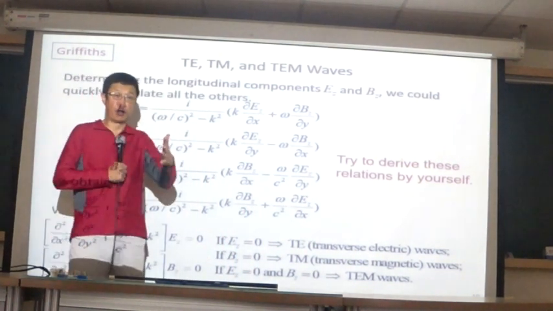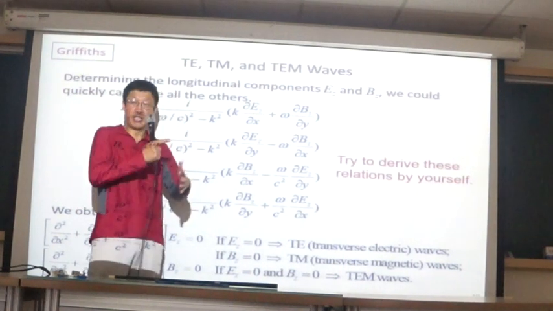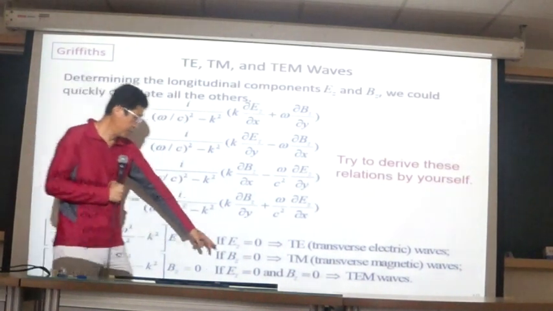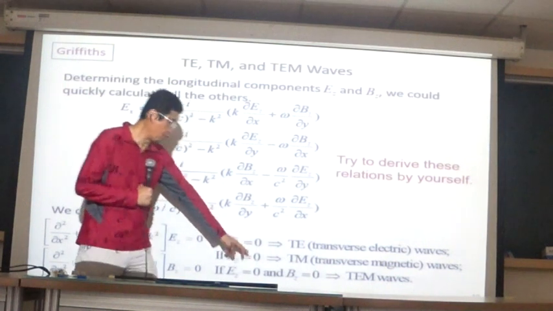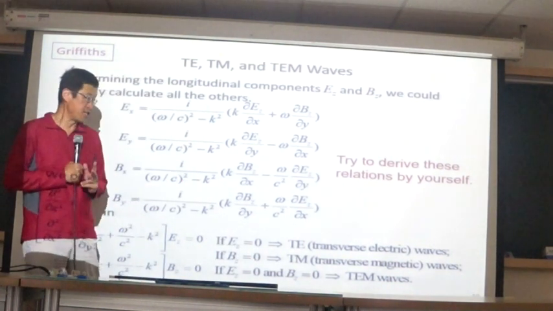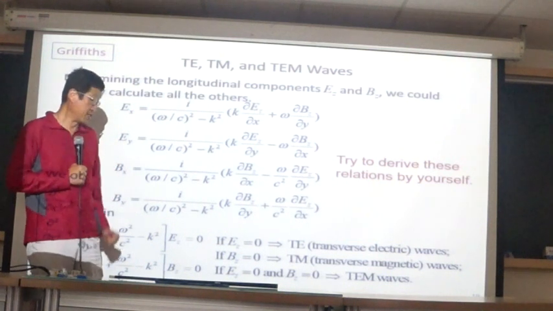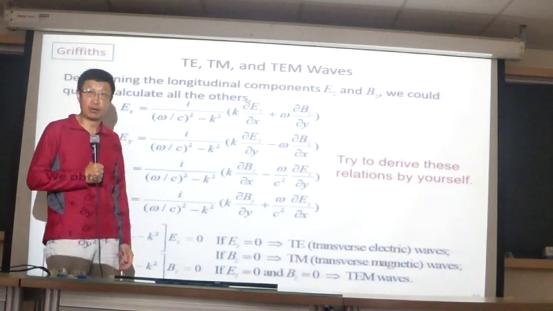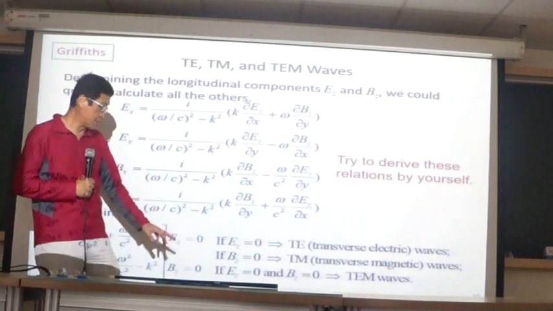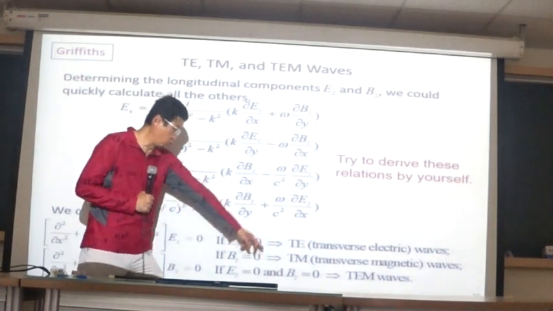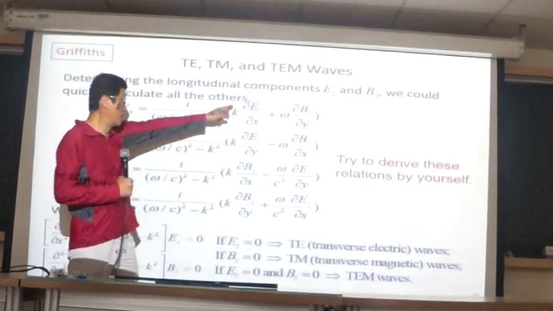The electric field is just transverse because there's no Ez. Second, Bz equals 0. That's a transverse magnetic wave, with no Bz component. The last one is Ez equals 0 and Bz equals 0. Nothing.